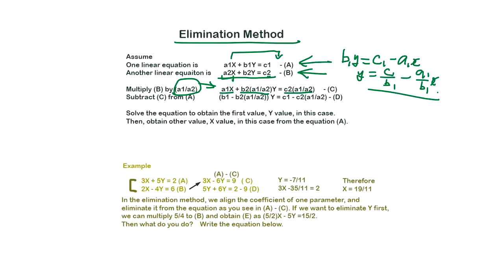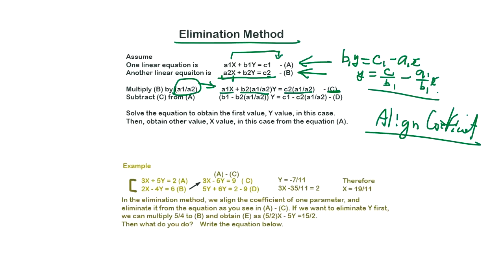Okay, you align the coefficients. Aligning coefficients means once you get the same coefficient, you know you can subtract equation A from equation C, or vice versa.